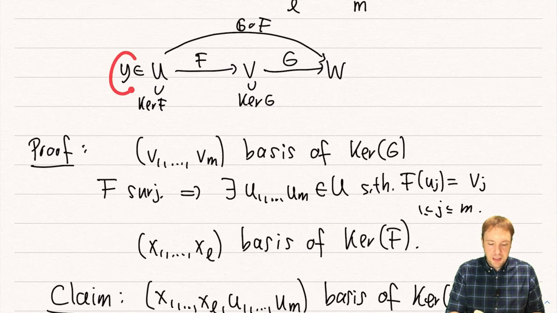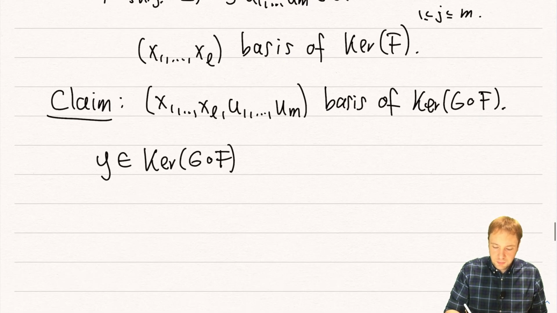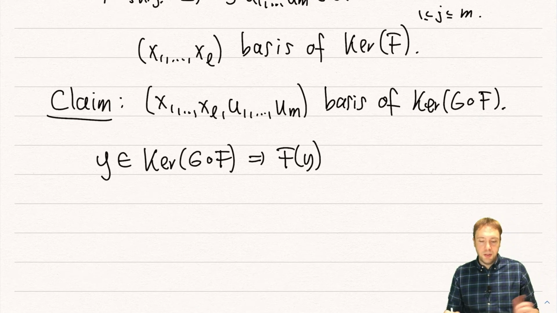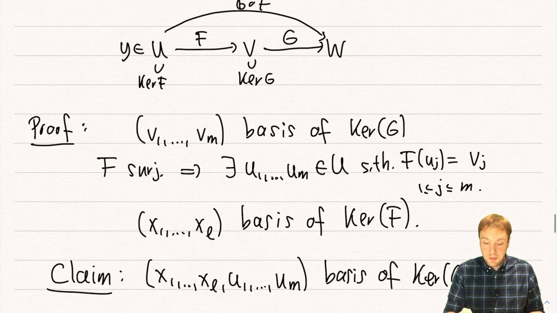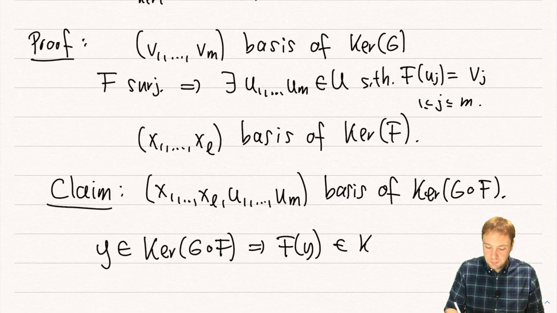If I apply f to y, I get some element here, and if I apply g, I get 0. Therefore f of y needs to be in the kernel of g, because we know that y is in the kernel of g f. So this means that f of y, which is now an element in V, is in the kernel of g.